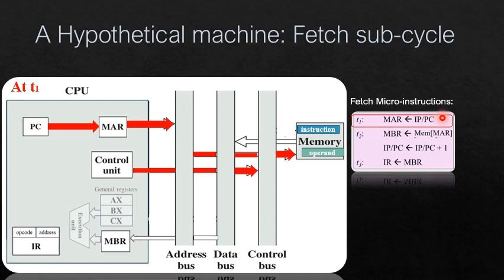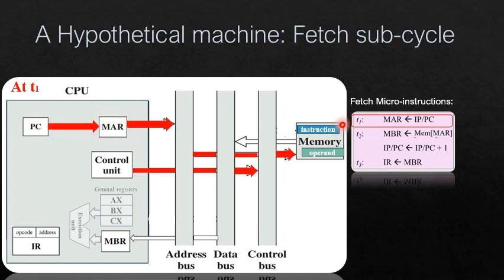As you know, fetch is to get the instruction from the memory to the instruction register so that the CPU can interpret the instruction and do the necessary operation. That's why the first micro operation under fetch is transferring or copying the program counter to the MAR, as shown in this red arrow, copying the instruction address to the memory address register.